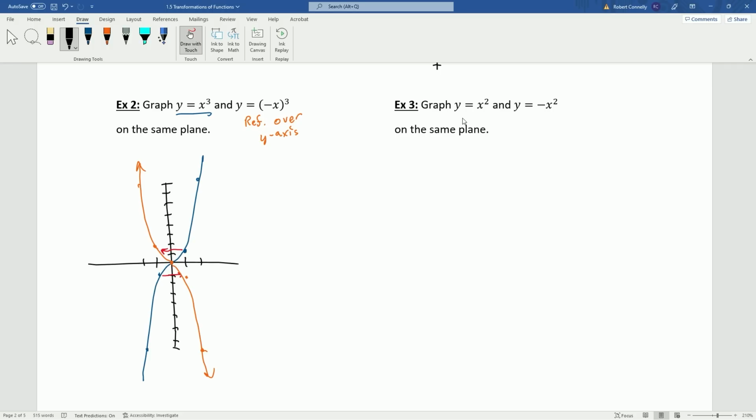Okay, so example 3, graph y equals x squared and y equals -x squared on the same plane. So here, this negative is being applied outside of the function. So we've already evaluated f of x, and we're making the whole thing negative. So this is a reflection over the x-axis.